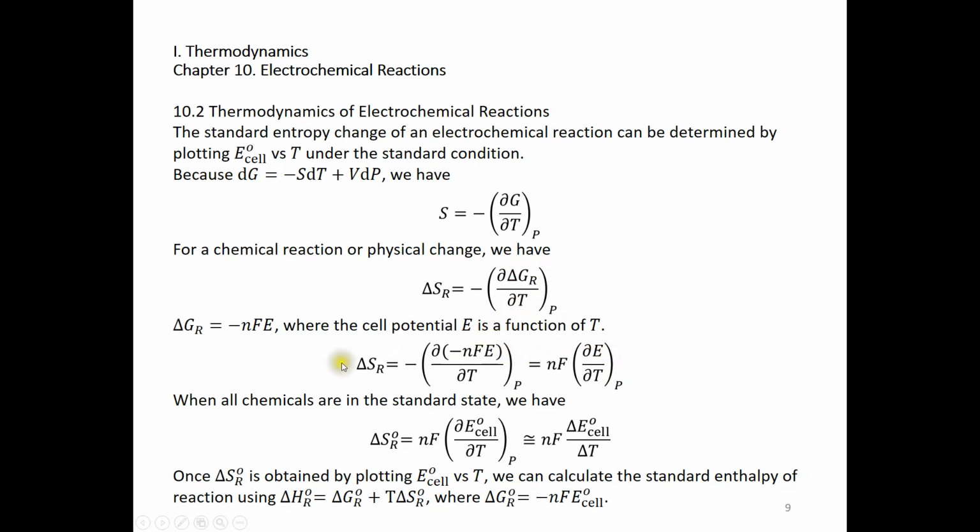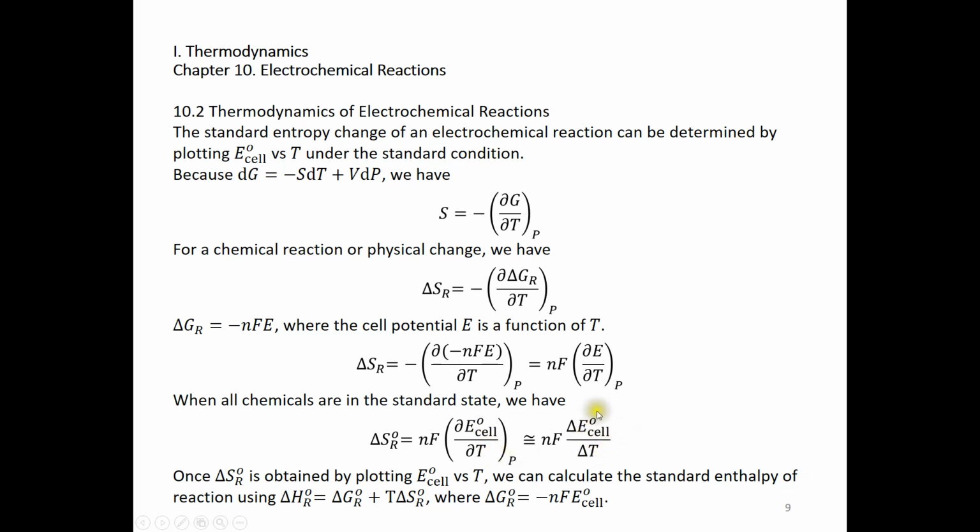That's the Nernst equation. When all chemicals are in the standard state, we just add a naught in the superscript here and here. And now we have this standard entropy of reaction equals nF times the first derivative of the standard cell potential with respect to temperature.